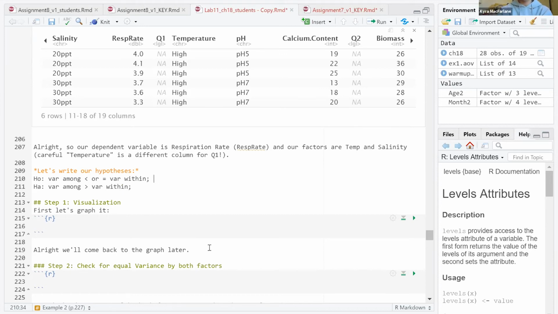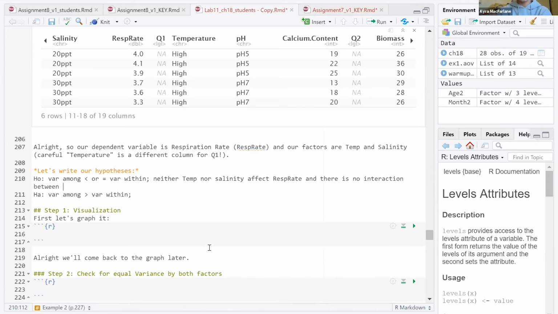For this problem specifically, that means that neither temp nor salinity affect respiration rate, and there is no interaction between the two.